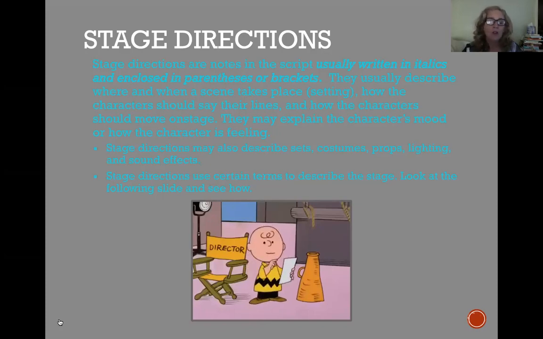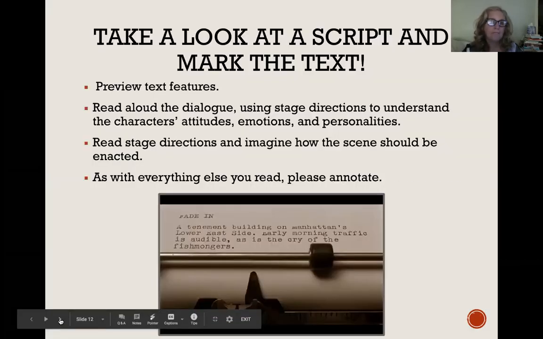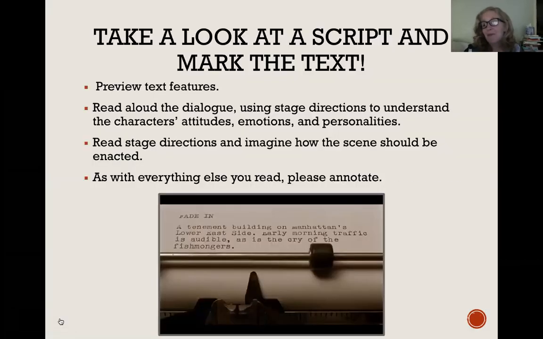And it also showcases how the characters should say their lines, how the characters should move on stage, and they might explain the character's mood or how the character is feeling. And stage directions also describe sets, costumes, props, etc. And they may even use certain terms to describe the stage. And we'll talk about that in the next slide, or the slide after this one.